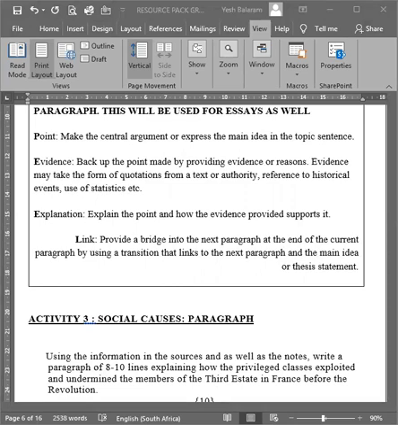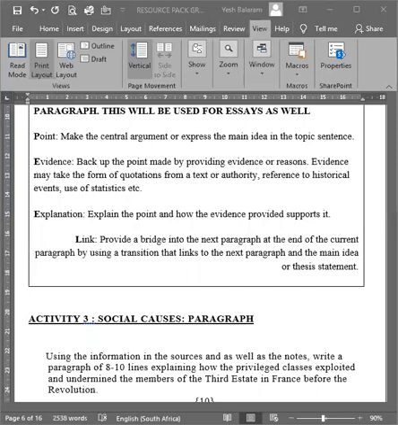Now you have to be selective about your information, but let's go back to the topic sentence. The topic sentence should refer to the three estates. In other words, you should start your sentence by saying the third estate were made up of the middle class, the working class, and peasants, who were the disadvantaged people in France, and they made up 80% of the population, just as an example.